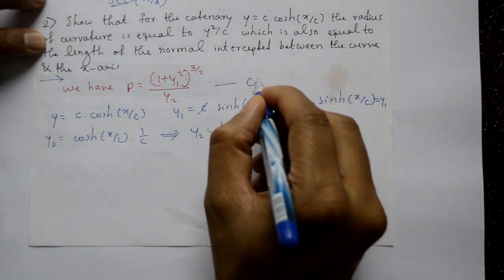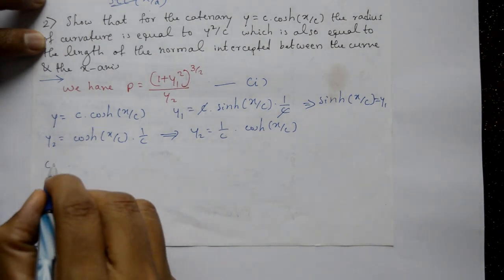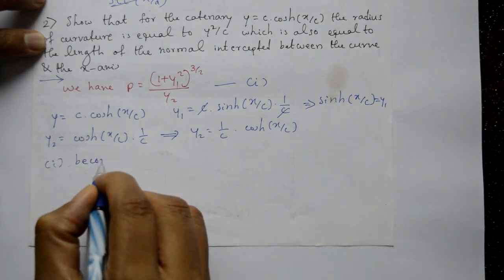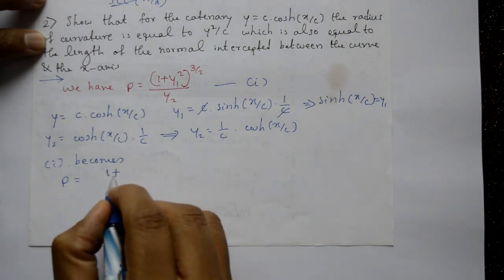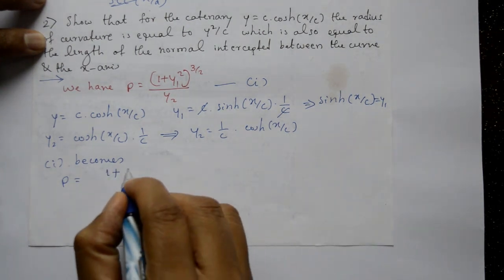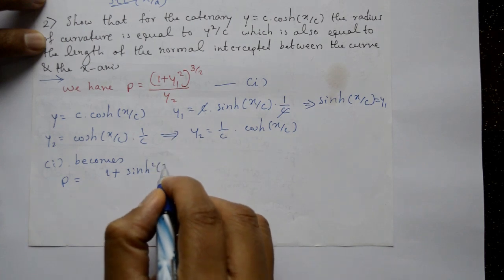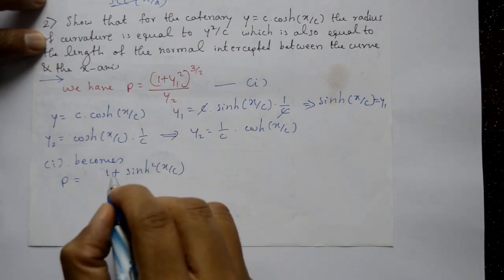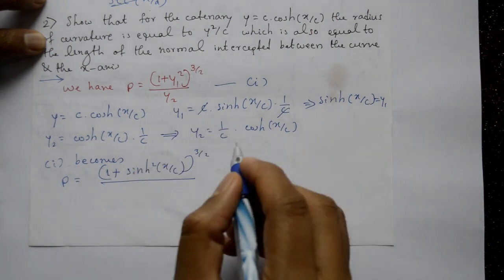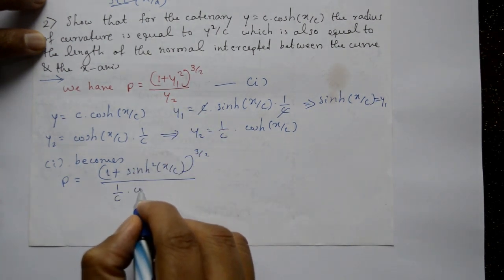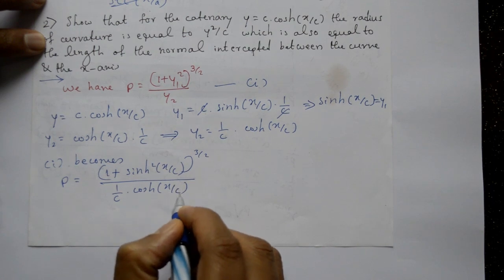Now this is the formula, equation number 1. Equation number 1 becomes rho = (1 + y1 squared, sinh squared(x/c)) whole raised to 3/2, divided by y2, so (1/c) cosh(x/c).